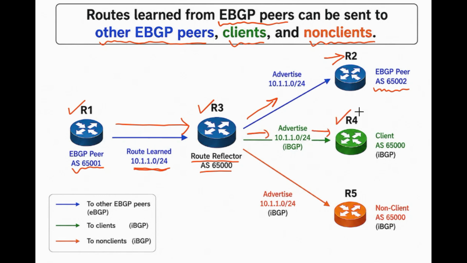So this subnet can also be advertised to the client peer, and it can also be advertised to the non-client. R5 is a non-client peer. So as per the rule, any route received from an eBGP peer can be sent to other eBGP peers, clients and non-clients.